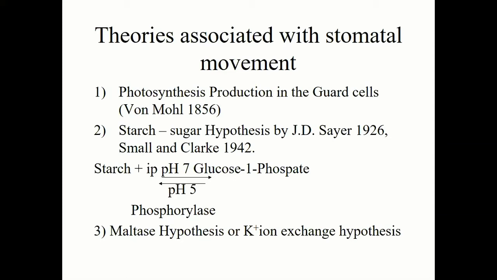So this is the starch sugar hypothesis. This hypothesis does not explain how the starch is synthesized in the guard cell, or how it is converted into glucose 6 phosphate, or what is the role of phosphorylase. They are not explained by the scientists, so that's why this hypothesis is not accepted as such.